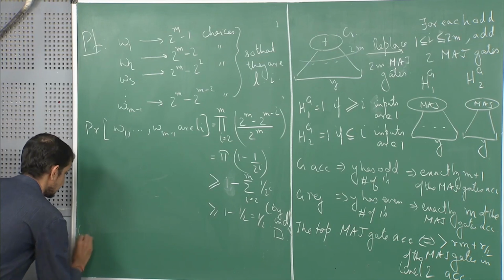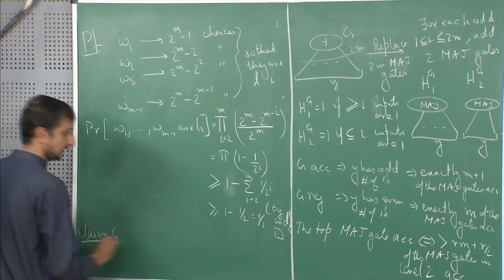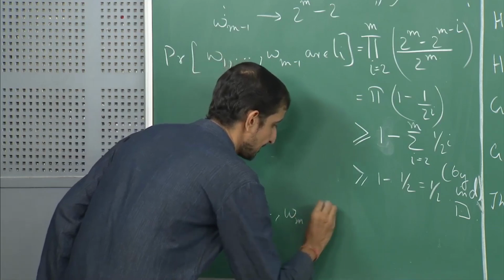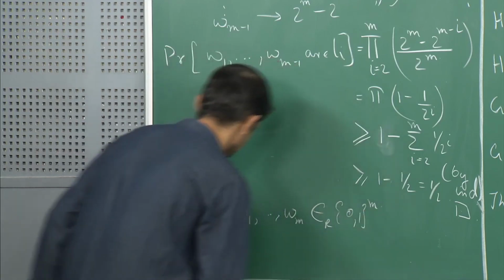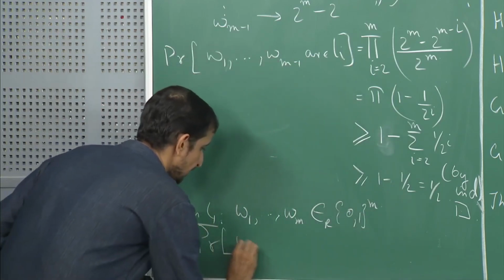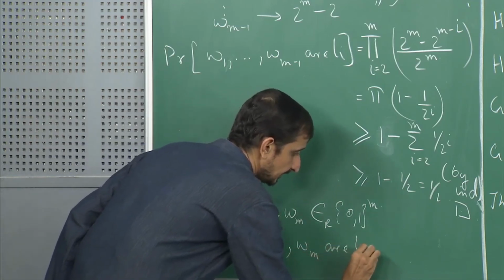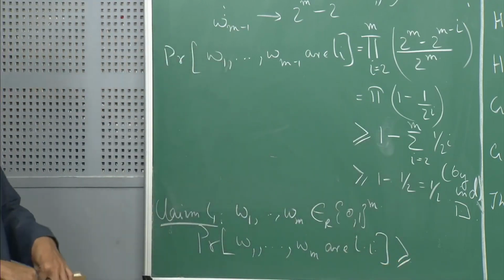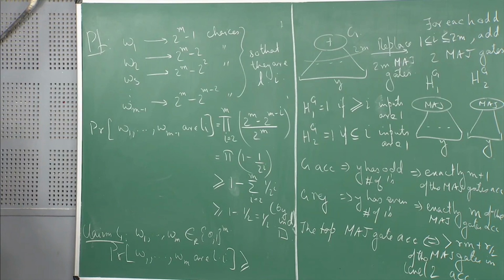Let me call this claim 4, that if W1 up to Wm are chosen randomly from {0,1} to the power m, then the probability that W1 up to Wm are linearly independent will be how much? There will be another extra multiplication term.